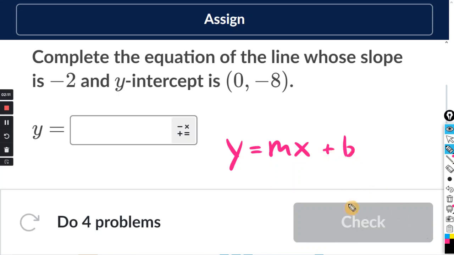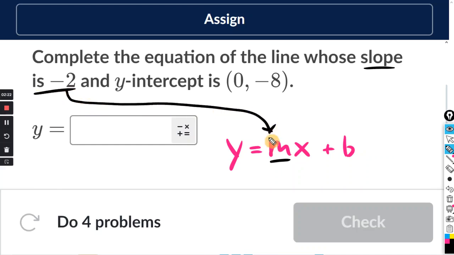We said m is representing the slope, and the slope was -2, so the -2 goes in place of m. The y-intercept is 0, -8. Remember, for the y-intercept, the y-coordinate is the value for b, so the -8 goes in place of the b. You leave the y and the x alone when writing the line equation.